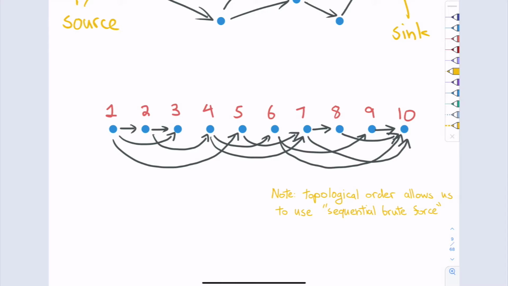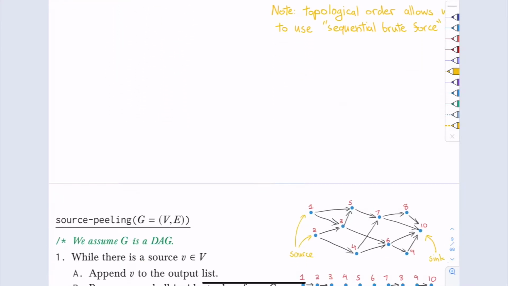Once you can give some kind of sensible ordering, that's a lot of structure, and potentially a lot of problems become easier. Okay, so we'll have an upcoming lecture focusing on this distinction.